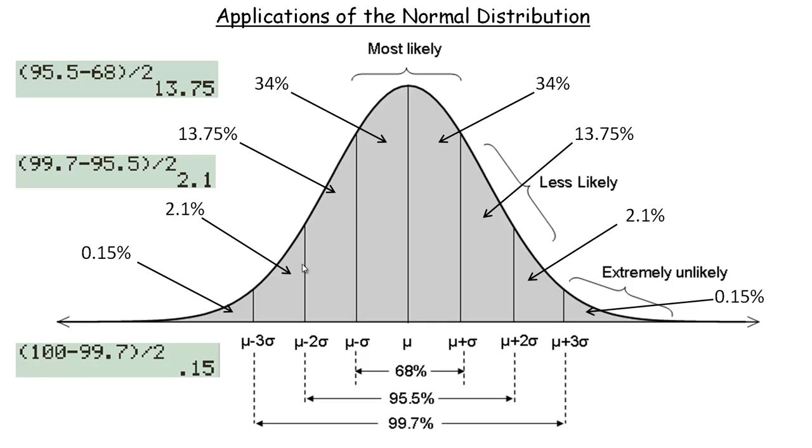Now notice if you add up all these probabilities, and that's what I've done up here. So the 0.15 times 2, 2.1 times 2 plus 13.75 times 2 plus 34 times 2, you get exactly 100%, and that's true of any probability distribution. All the probabilities should always add up to 100%.